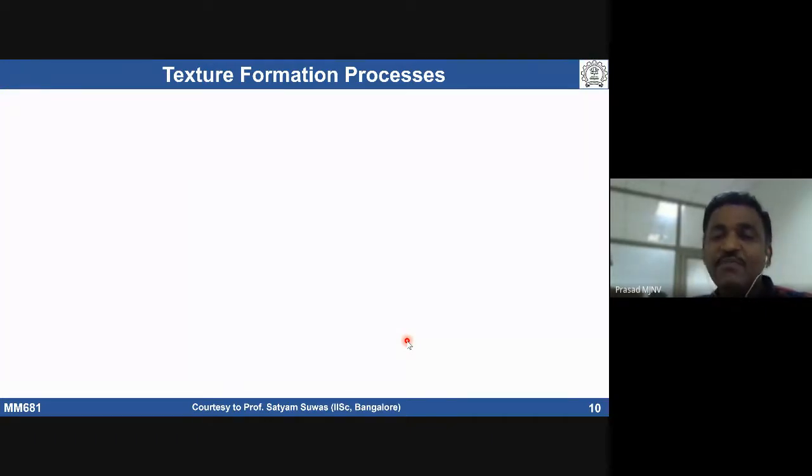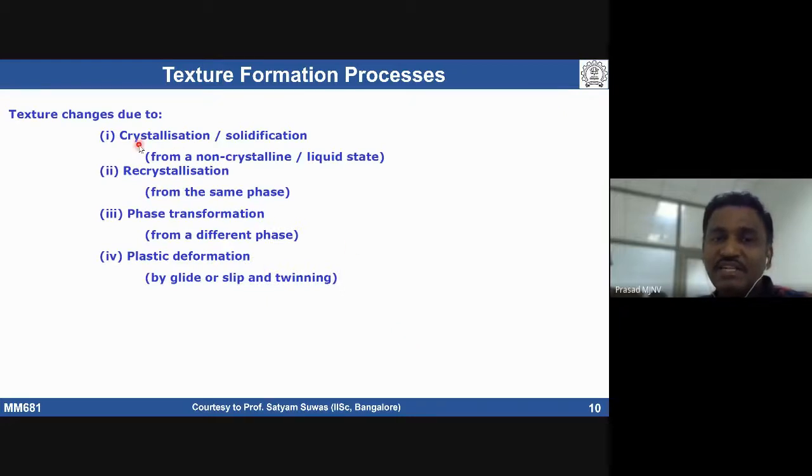Even some processes like thin film deposition or electrode deposition can also induce texture in the material. It's basically summarized here. Crystallization, solidification from a non-crystalline liquid state, we do see texture can build up, and recrystallization from the same phase.